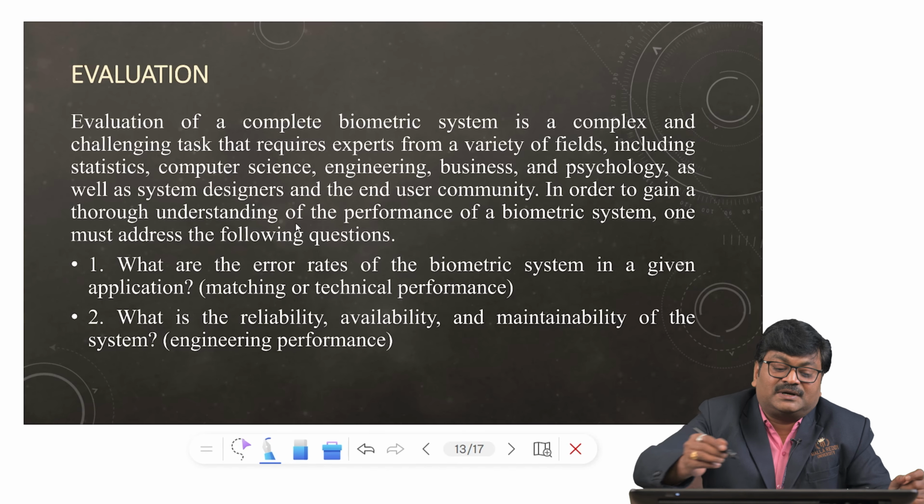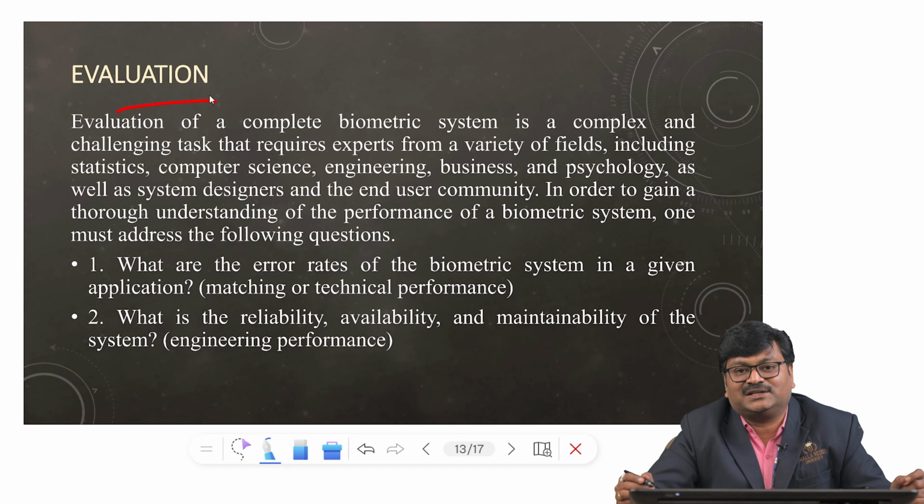And always remember that evaluation is considered the most complex and challenging task in the biometric system. Why? Because based on that trait, I need to choose a particular algorithm which helps me to validate the person.